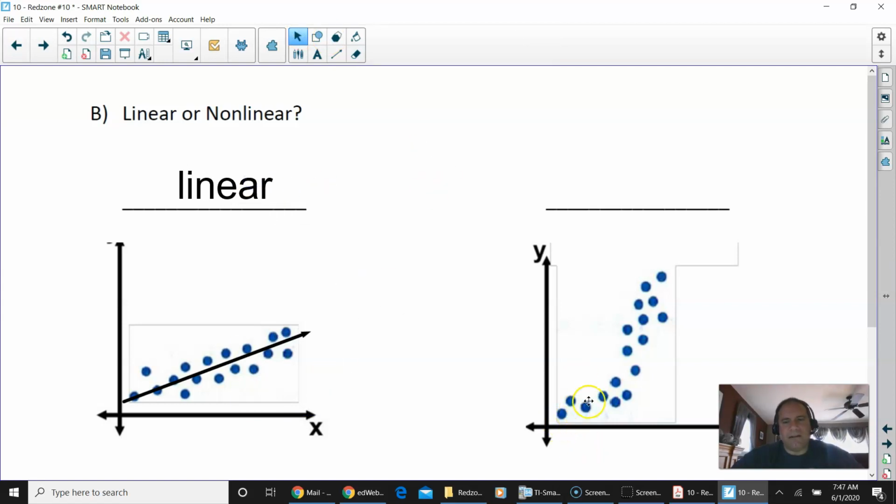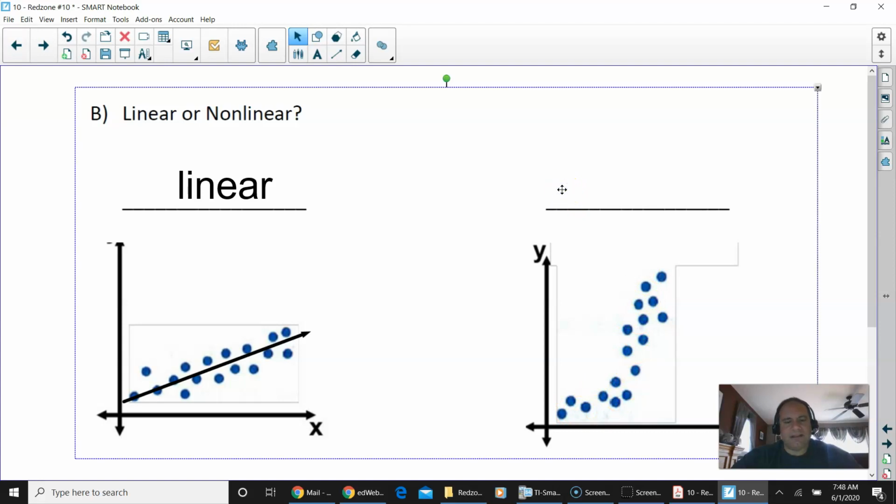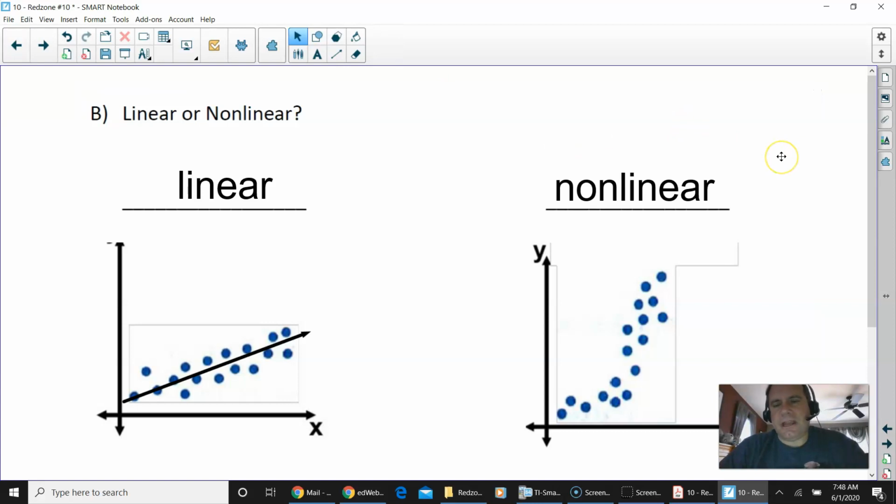And this one right here, you can't really draw that trend line. You see how it curves a little bit like that? So we say this is non-linear. And just like that, those questions are finished.